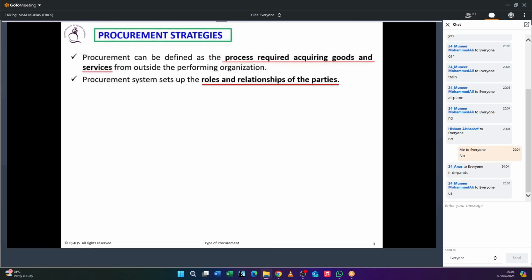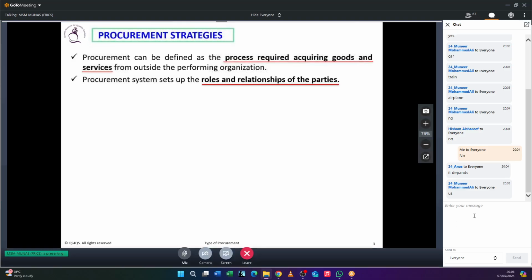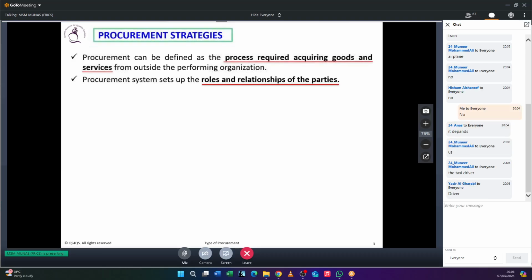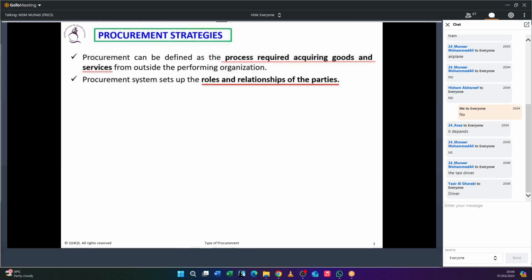Who's responsible for the safety when he's driving? The taxi driver, right? And he should have the insurance for his vehicle. So see, based on the option you are choosing, the roles and responsibilities will change between the parties, and also the cost will be different.